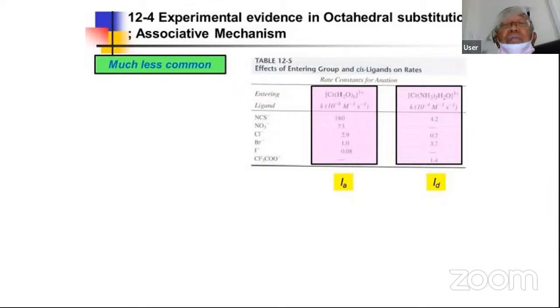The rate constant may also vary with charge. So from here, it will tell you whether it is associative or dissociative, not only from the rate law, but also from the effect of the ligand in terms of size, charge, and steric factors. Size is related to the steric factors.